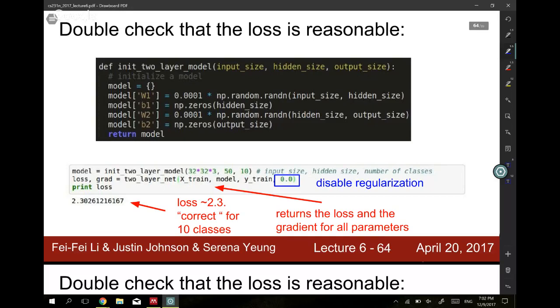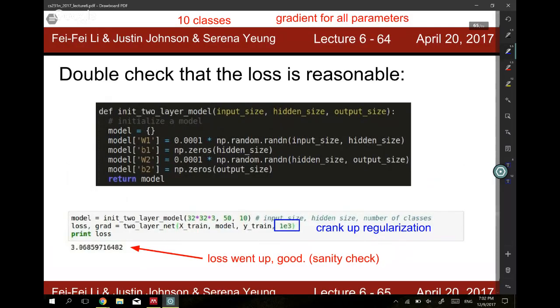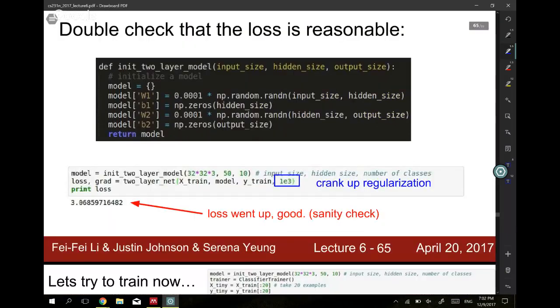So you ensure that you're getting a reasonable loss on your first pass through. This just makes sure that your initial setup is correct. Next step is to just add regularization and see that you do worse. This ensures that regularization is penalizing your model and working the way that you expect it to.